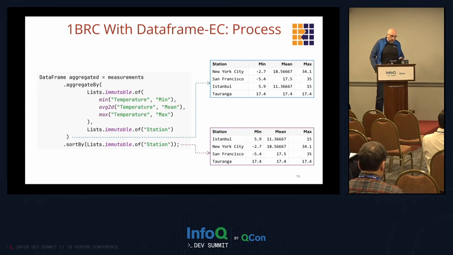So for existing data types, you can just do a drop-in replacement, but it offers a lot more collection types, including full support for primitive and immutable collections. And DataFrame-EC is based on that, thus you see it in the name. And immutable here is just a factory method that creates an immutable list, in this case of aggregation functions.